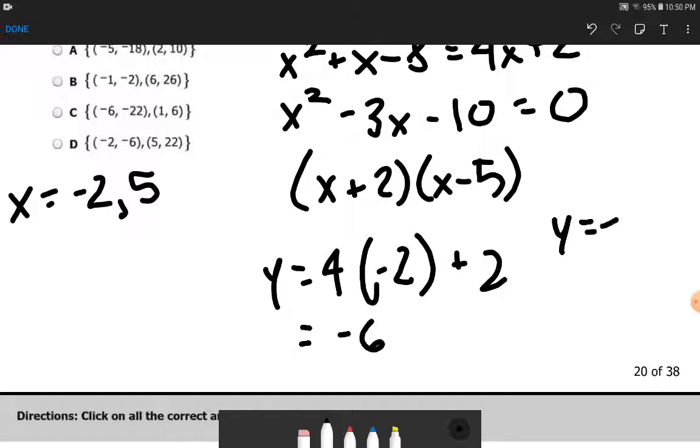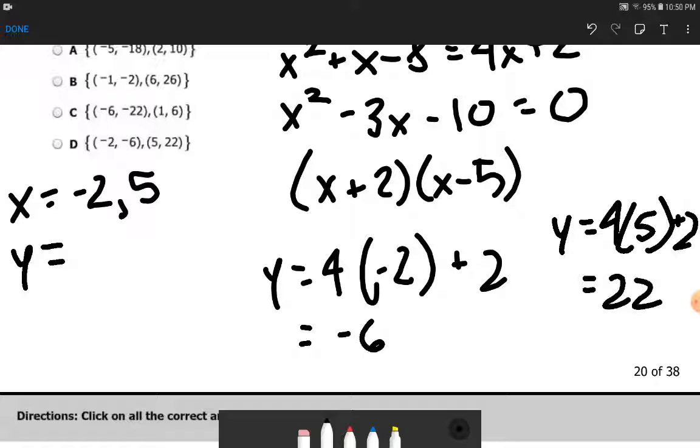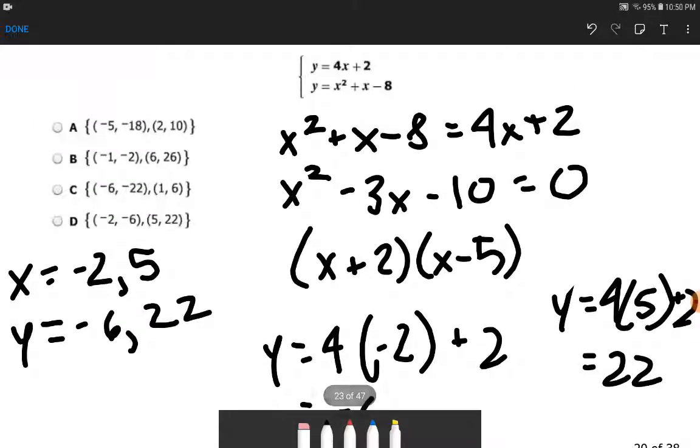Get y equals 4 times 5 plus 2. That would be 20 plus 2, which equals 22. So our y values would be -6 and 22. Alright, so let's go to our answer choices. We have -2, -6, and 5, 22. So our answer would be D.